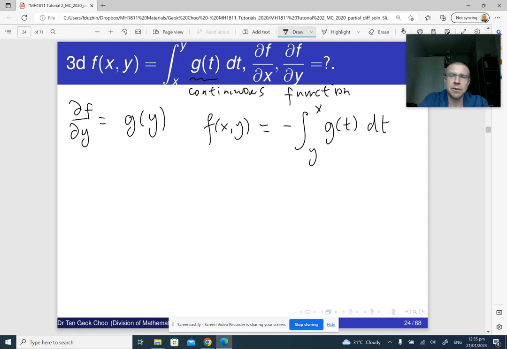Because in the fundamental theorem of calculus, we are differentiating with respect to the upper limit of integration, which is now easy. So df/dx is minus the derivative of this integral with respect to x, which is just the integrand, so it's going to be minus g of x.